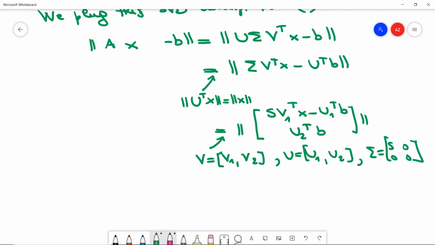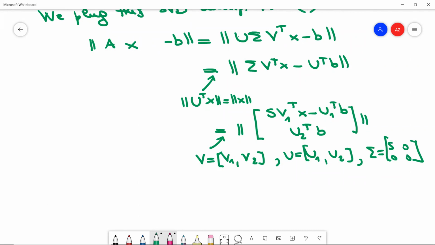The appropriate choice for X is such that S V1 transpose X minus U1 transpose B should be 0. We express X out of this and get exactly that X is equal to A plus B. So with the choice X equal to A plus B, we can kill the first component, so it's 0, but the other is the same for all X's.